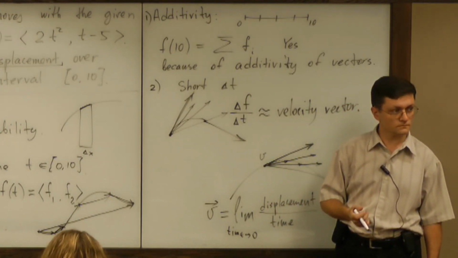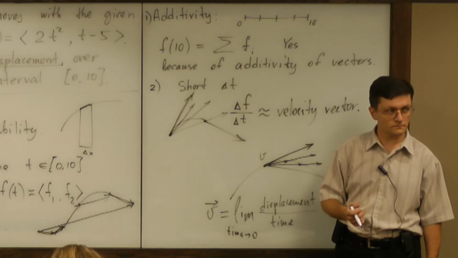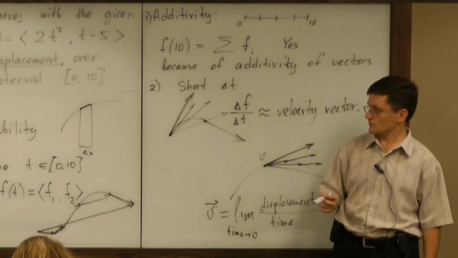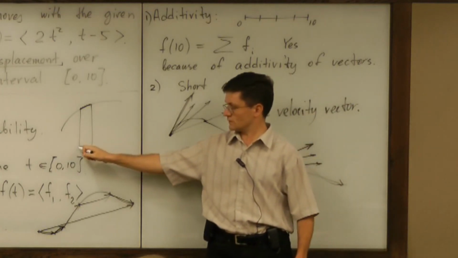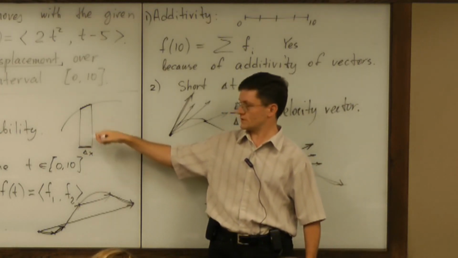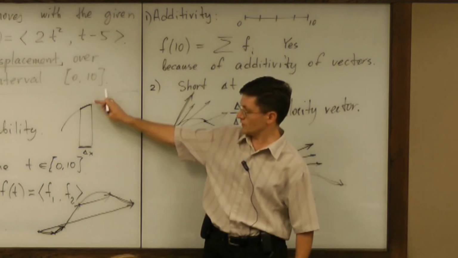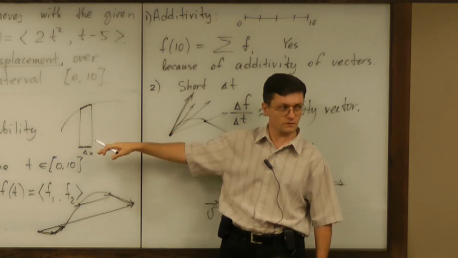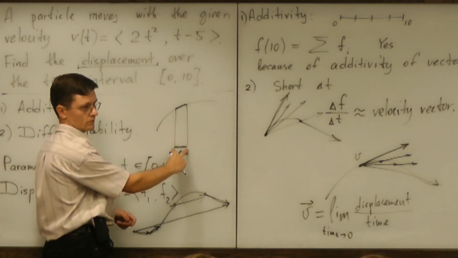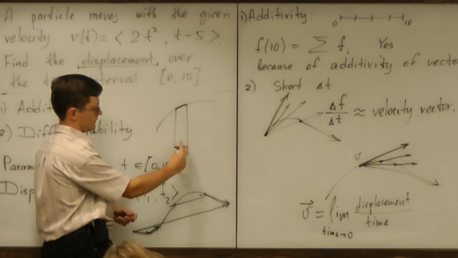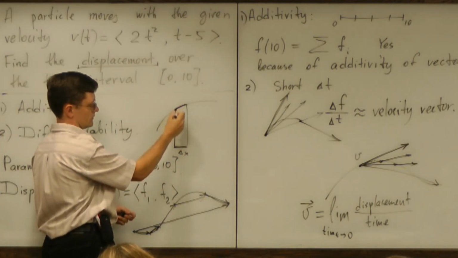As delta t approaches 0, we expect, well, we don't do any sum here, right? When we talk about the height, we don't add those heights. What we say is that if the delta x is short, then the height will be either this one or that one.